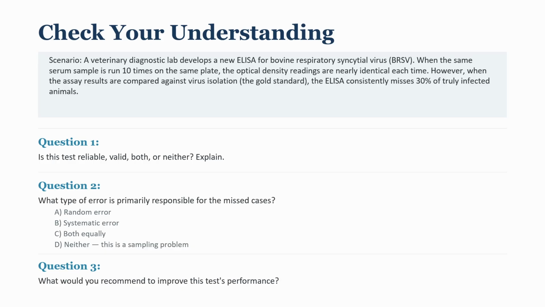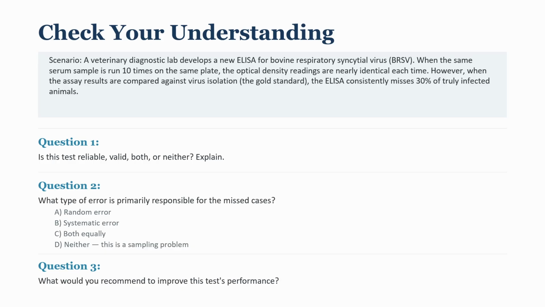Question 3. To improve validity, you'd need to address the source of the systematic error. Possible approaches include recalibrating the cutoff value, lowering the optical density threshold for a positive call, reformulating the assay with antigens that better represent circulating strains, validating the test against a broader panel of gold standard confirmed samples, or evaluating whether the test performance varies by disease stage, since early infection might not generate sufficient antibody for detection.